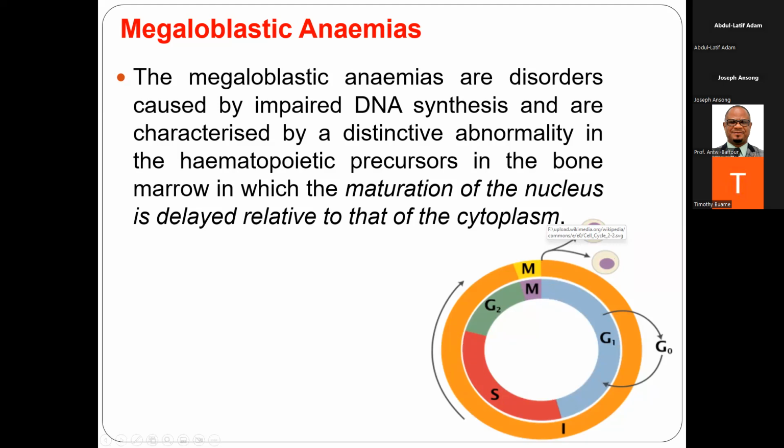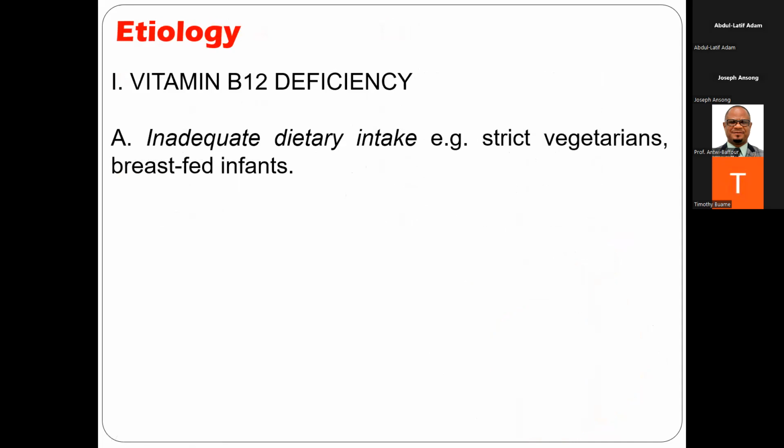This DNA synthesis defect is characterized by a distinctive abnormality in the precursors in the bone marrow, where the maturation of the nucleus is delayed relative to that of the cytoplasm, and the megaloblasts remain large. And as we've been saying, the cause is B12 deficiency.